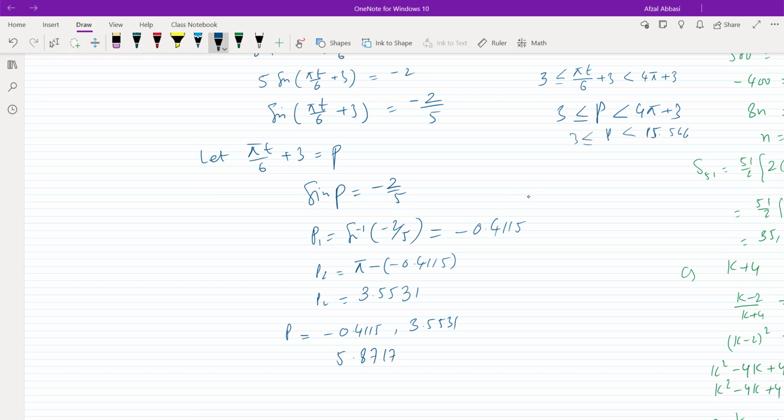So if we add again 2 pi into this, plus 2 pi again, so we get 12.154. Then it's the same process we'll do for the second answer, 3.5531. We'll add 2 pi into this, 3.5531 plus 2 pi.